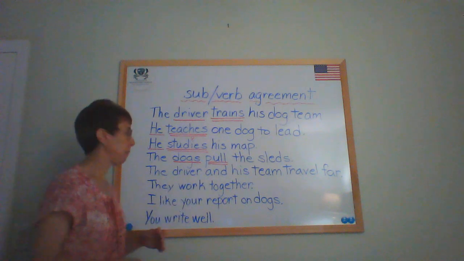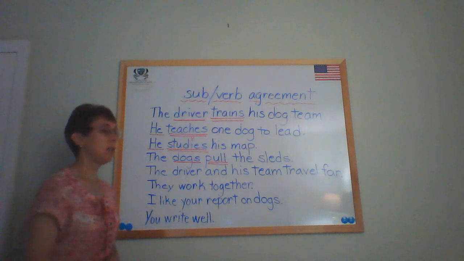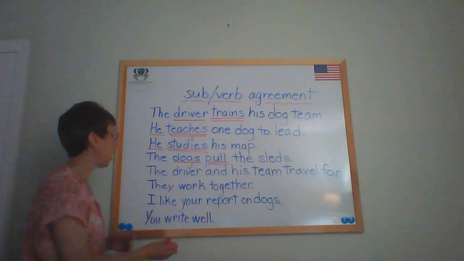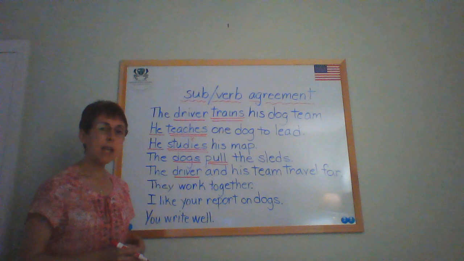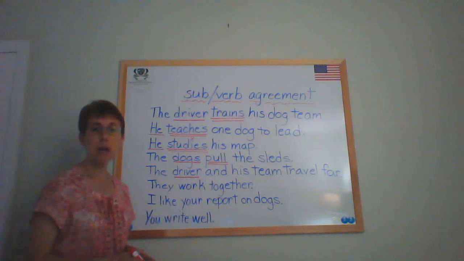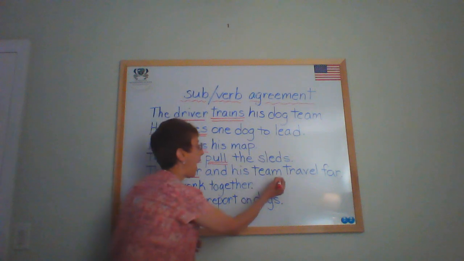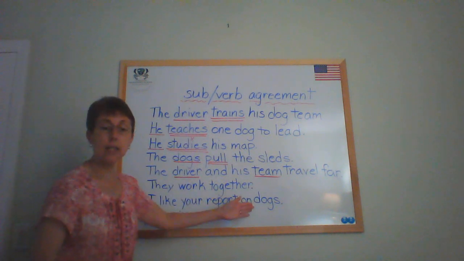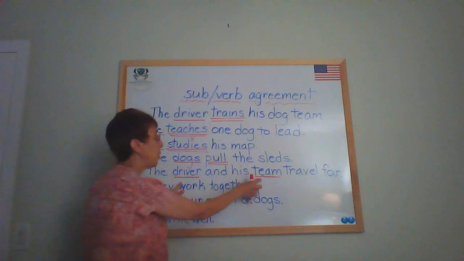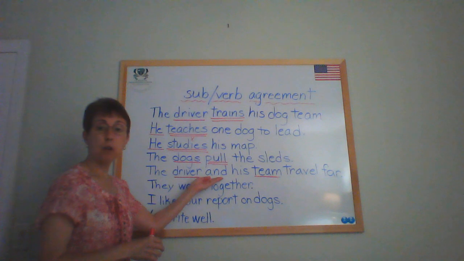Subject-verb agreement. Next sentence, the driver and his team travel far. Well, who are we talking about here? You might say the driver. Well, in this case, we have a compound subject. We're not just talking about the driver, we're saying the driver and his team. Each of those are singular, however, they're now combined.